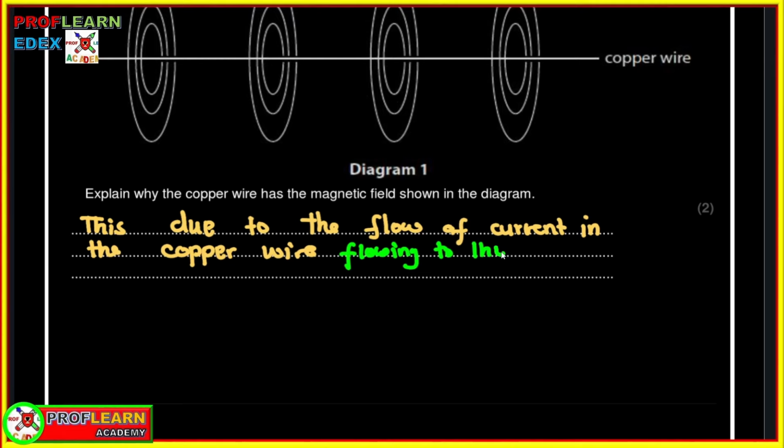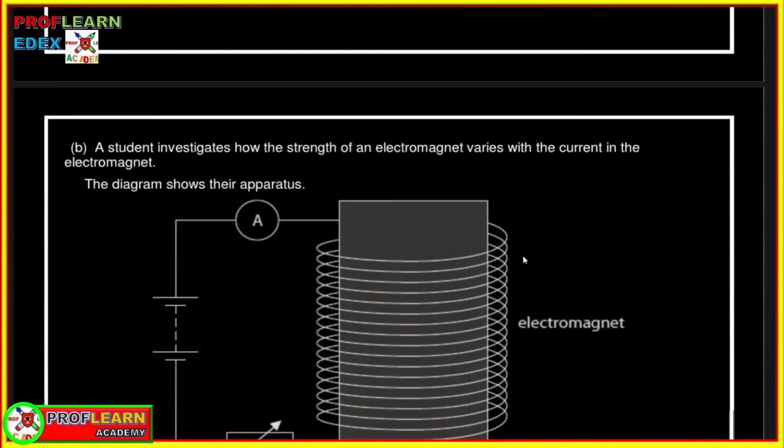So the strength of an electromagnet can be increased by increasing the amount of current flowing through the coil, and also by increasing the number of turns in an electromagnet. So in this case, we're going to say there are fields around the conductor, because there could be current flowing through the wire and it's moving to the right.